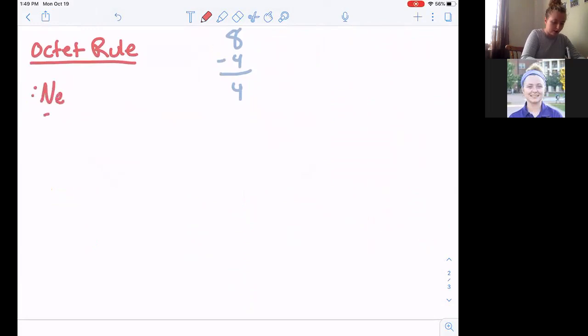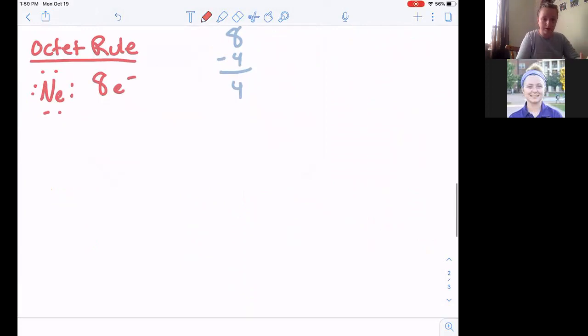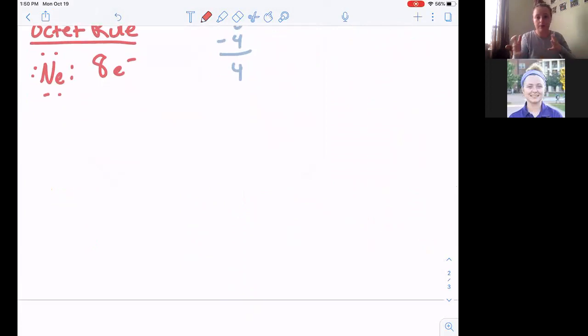Noble gases already have 8 electrons. They're full. They don't need anything else. Every other atom wants to be full like a noble gas, and that's why they try to make that octet.